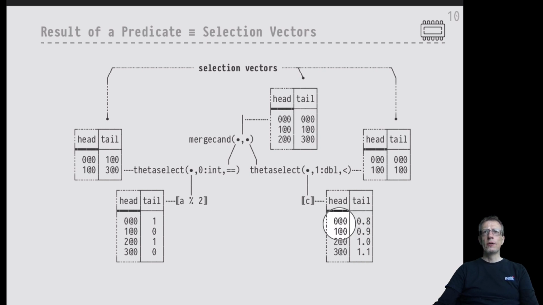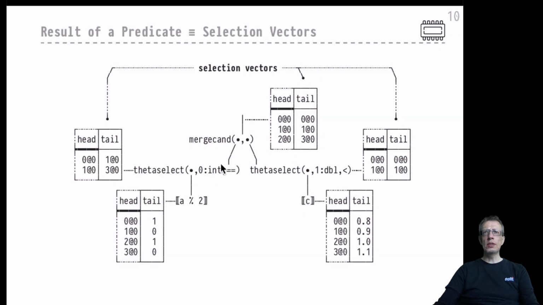Right. Now on to the disjunction. The disjunction would be okay with any of these qualifying rows. Any row that qualifies on the left or the right path here would be in the result of the disjunction.